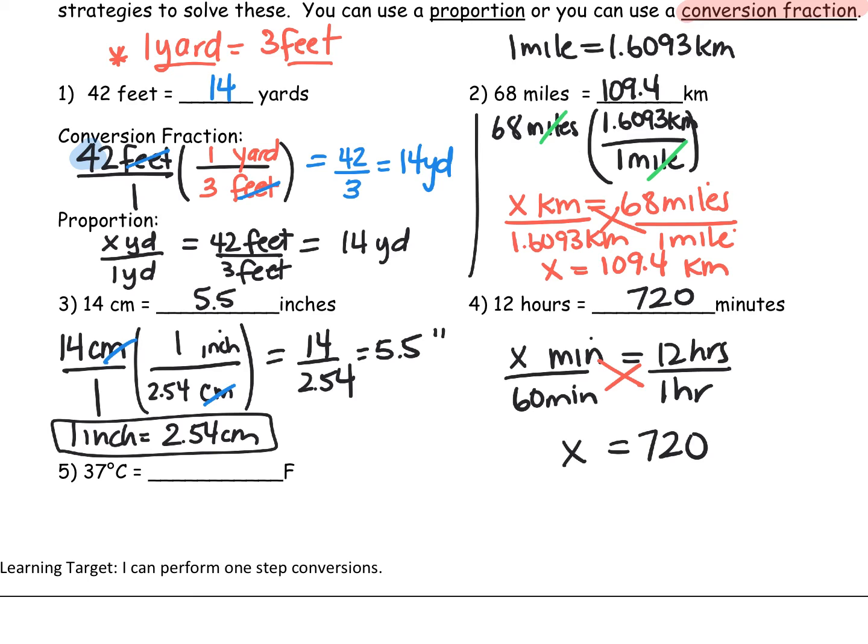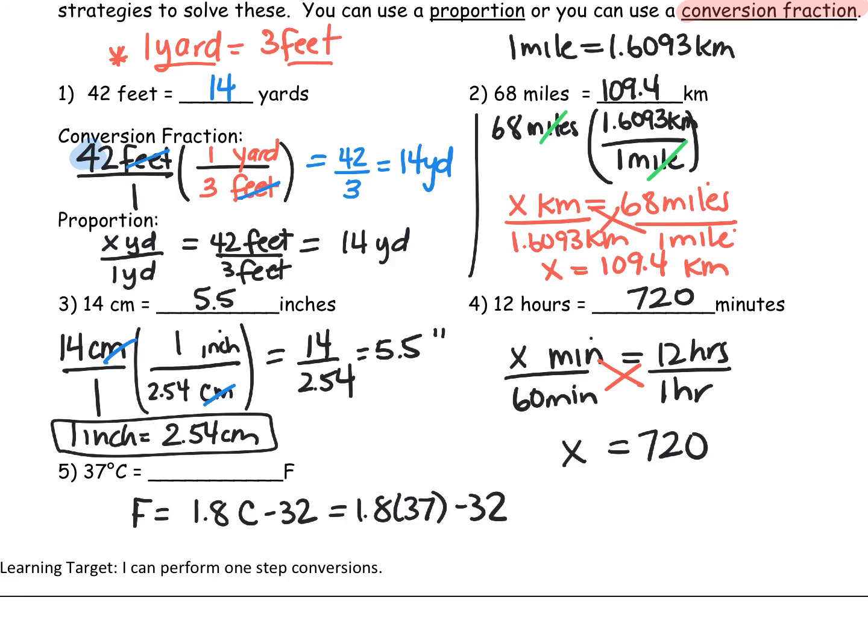Okay, this one is 37 degrees Celsius to Fahrenheit. This one is actually just a formula. So I want to calculate Fahrenheit. So I'm going to use the one that has Fahrenheit isolated. 1.8 C minus 32 is my formula. So I go 1.8 times 37 minus 32.